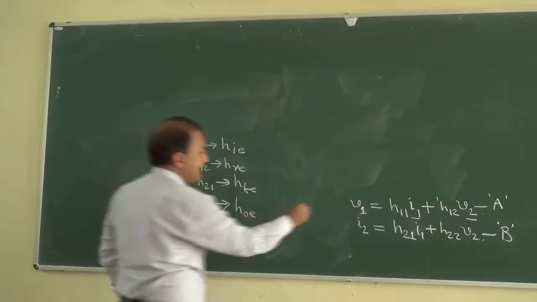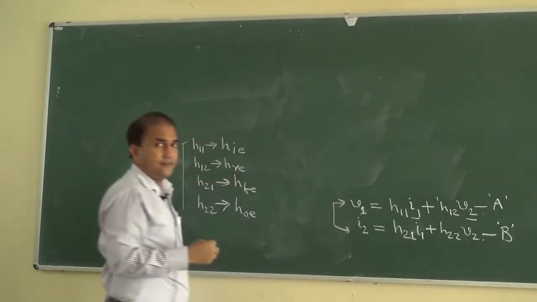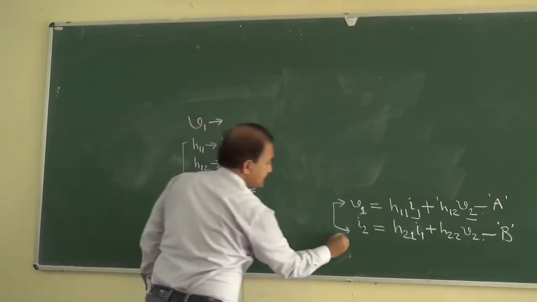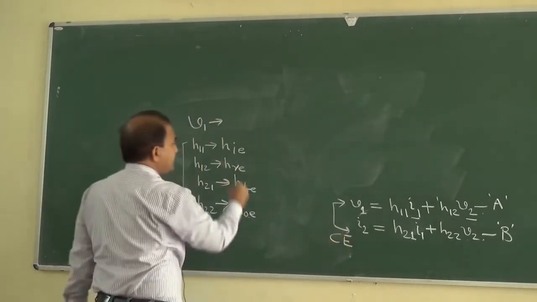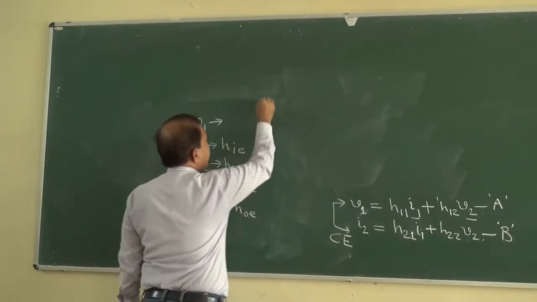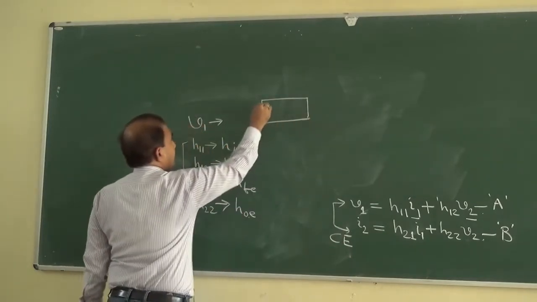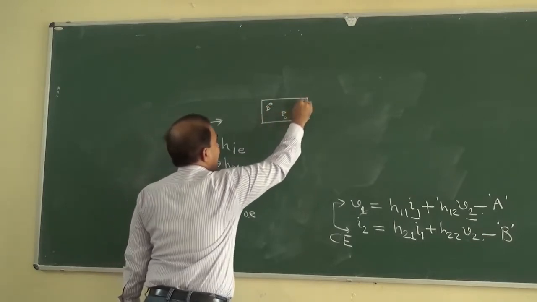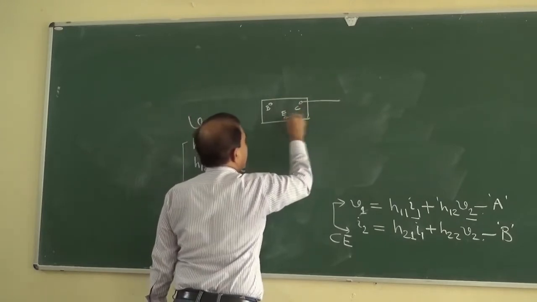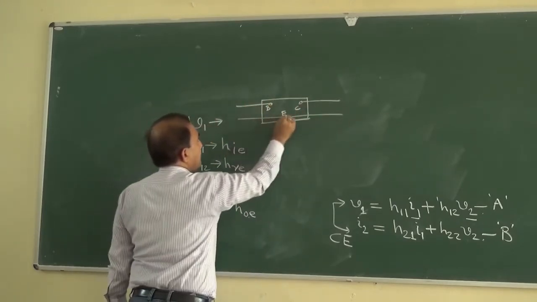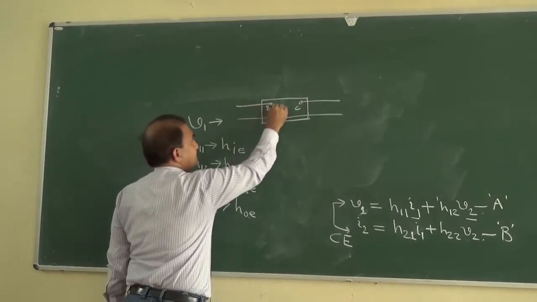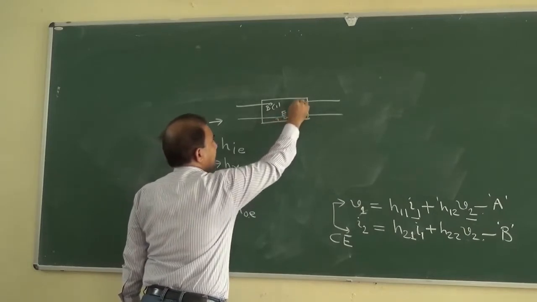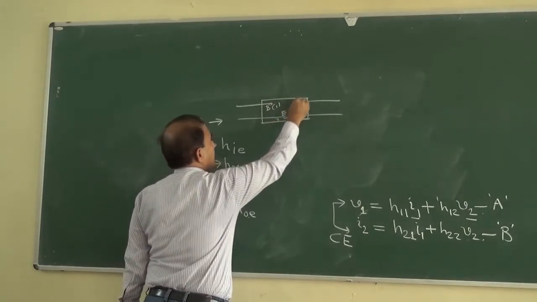So how we can write these two equations for a BJT? So for a BJT which is in common emitter mode, we can write like this. Suppose this is base terminal, this is emitter terminal and this is collector terminal. Base terminal it is represented as 1 here, emitter terminal it is 3 and this is suppose terminal 2.